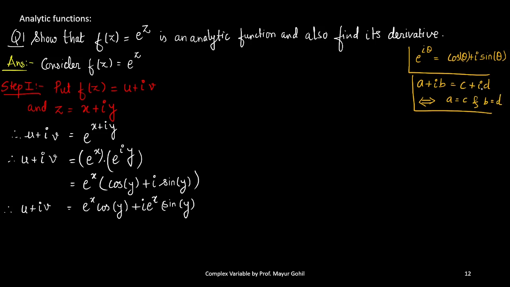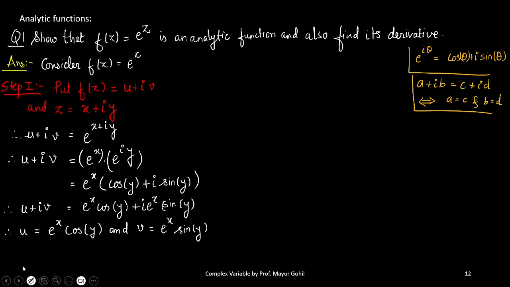This is a very important rule. Two complex numbers are equal if the real parts and imaginary parts are equal. So here also the same logic continues, and we get u is equal to e to the power x cos y and v is equal to e to the power x sine y.